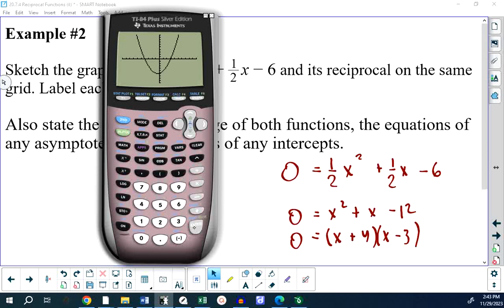And if I want to find the vertex, I could complete the square, but I'd rather not. I'm going to be a little lazy here and find the minimum coordinates. We did this a couple of units ago. Put my cursor to the left and then to the right. Okay, -1/2, comma, -6.125.